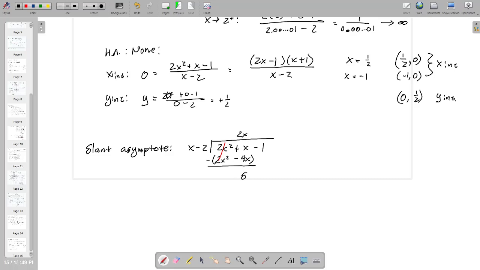So we have 5x here. We carry this 1 down. Now, what times x gives me 5x? Plus 5. So 5 times x is 5x. 5 times -2 is -10. And we subtract. Don't forget to distribute your negative. 5x minus 5x is 0.